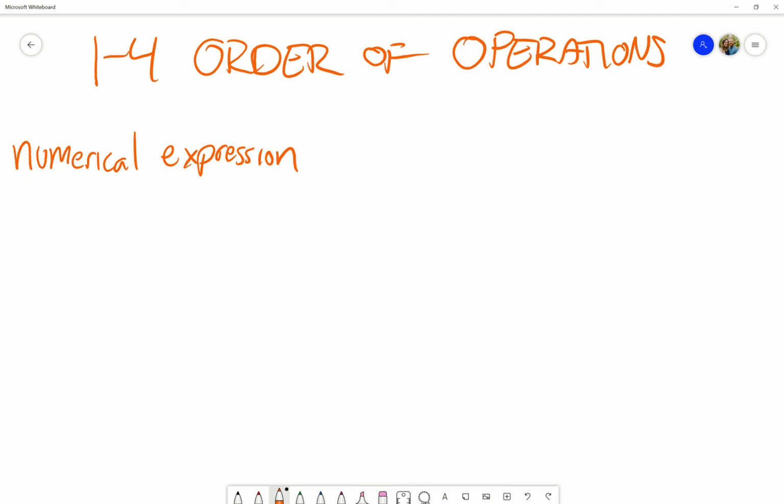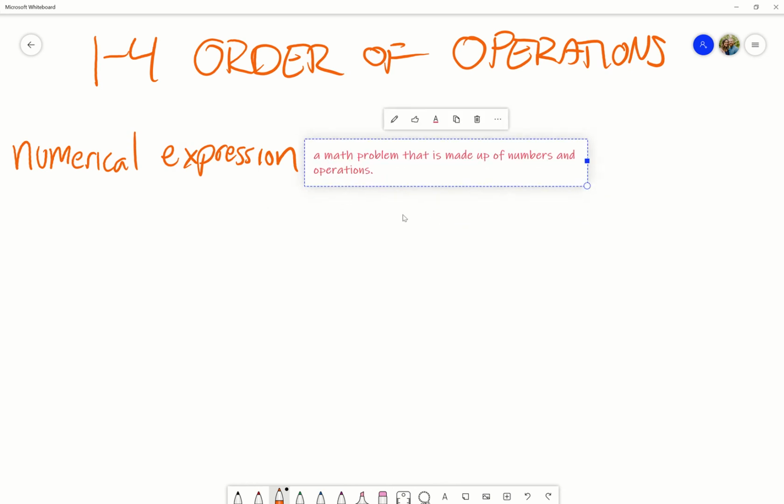I'm going to actually type this out because it'll be easier to read. A numerical expression is a math problem that is made up of numbers and operations. Just a fancy way to say a math problem that's made up of numbers and operations, right?